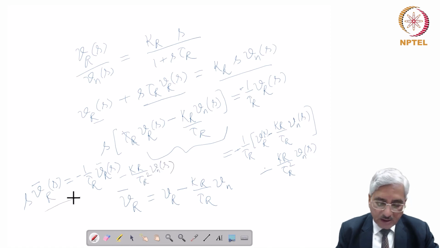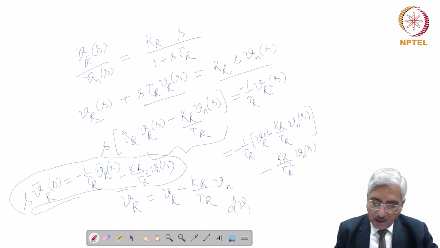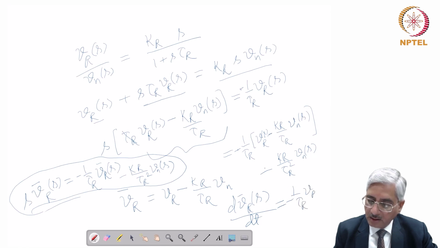And then we take inverse Laplace transform. So this one will give dVr bar by dt equal to minus 1 by tau r Vr bar minus Kr by tau r square Vn.